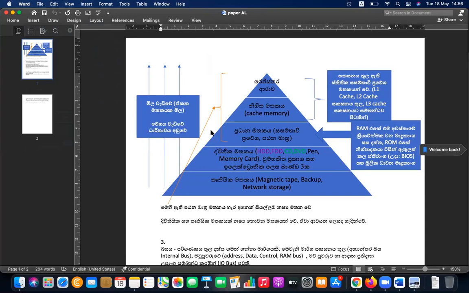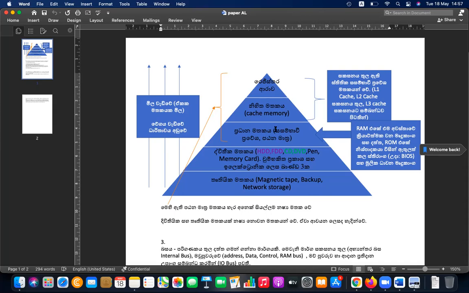So the memory hierarchy. At the bottom level you have magnetic tape and backup, called tertiary storage. On top of that you have secondary storage: hard disk, CD, DVD, pen drive, memory cards, divided as magnetic, optical, and electronic.